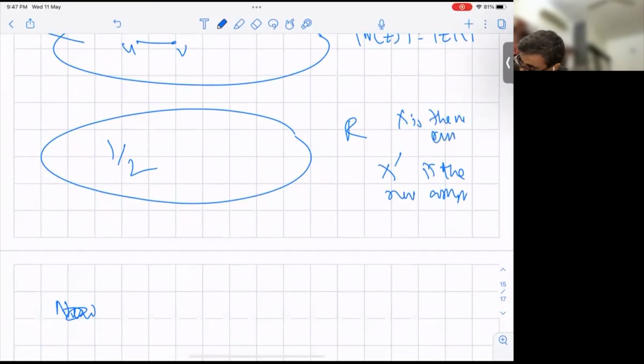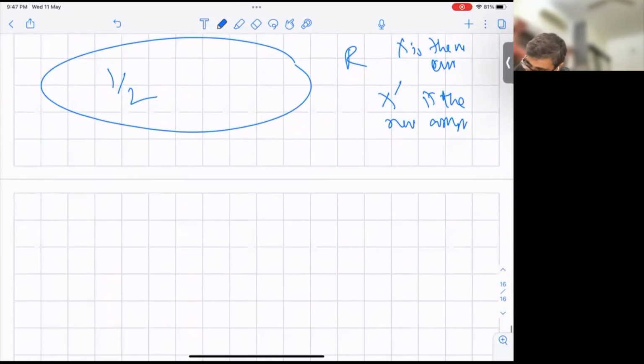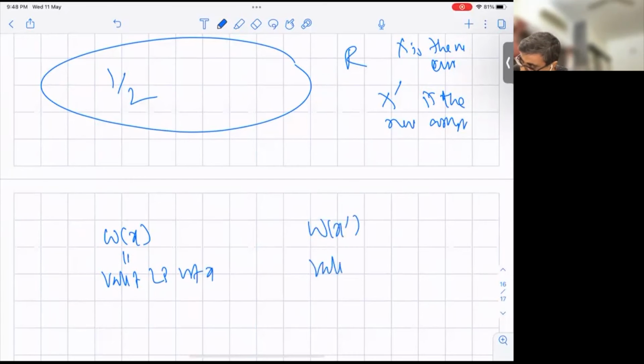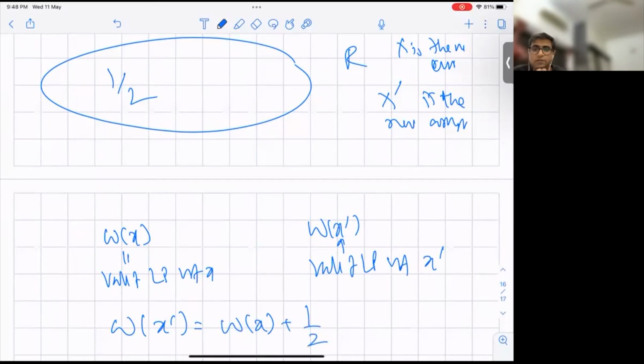The weight of X is the value of the LP with respect to X, and the weight of X prime is the value of the LP with respect to assignment X prime. So the weight of X prime is equal to the weight of X plus half, right?